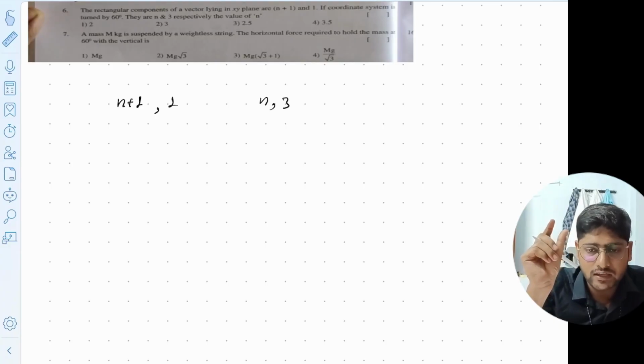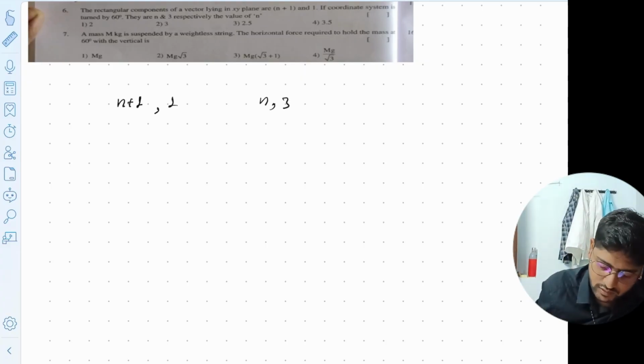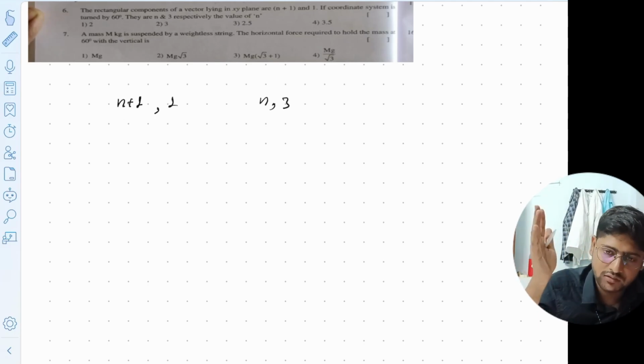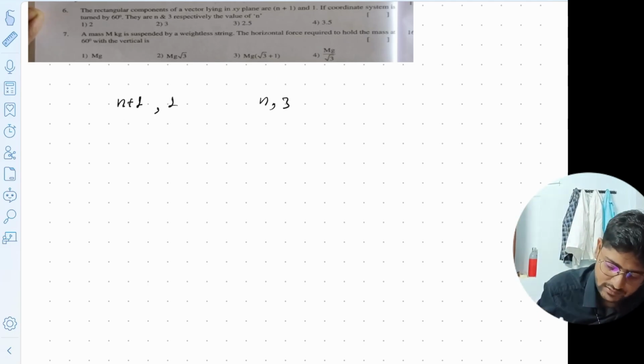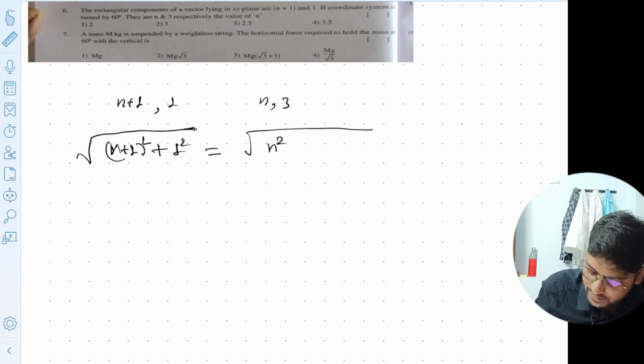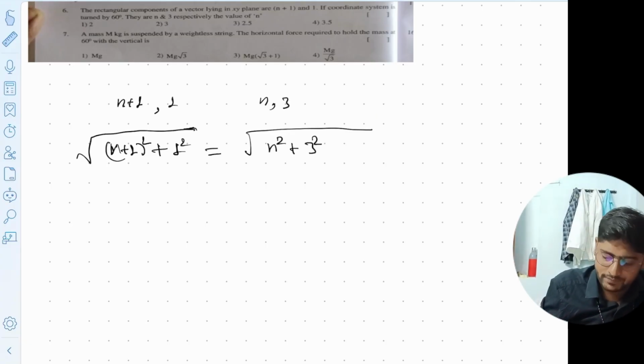Both times the magnitude will be the same. So the square root of n plus 1 square plus 1 square will be equal to the square root of n square plus 3 square.